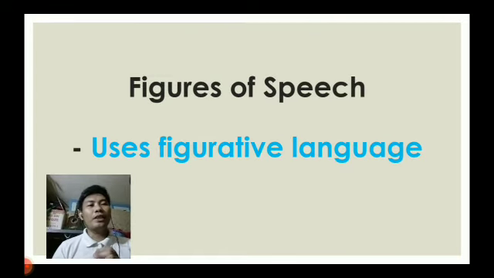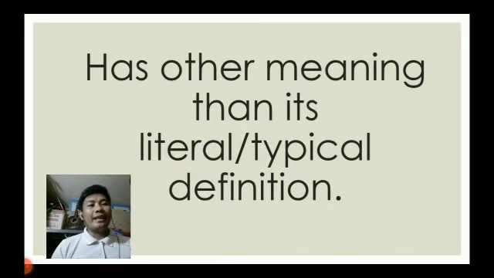What is a figure of speech? Basically, a figure of speech is a word or phrase that uses figurative language that has another meaning, aside from its literal and typical definition.